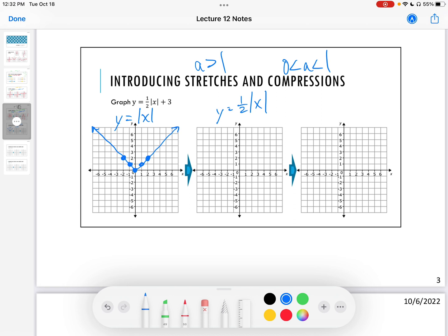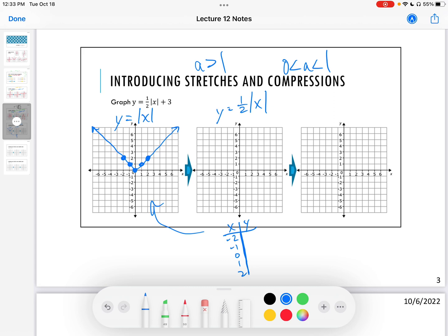So this here is going to be a compression for us. To figure out how to make this expression, I always use a chart. The x values that I use for my chart are going to be from my previous slide: -2, -1, 0, 1, and 2.